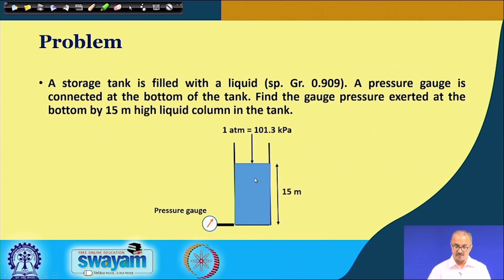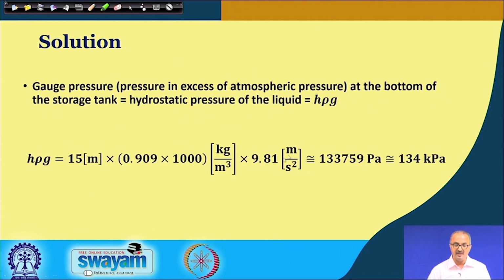So, the excess pressure, meaning the excess over atmospheric pressure, is basically the pressure exerted by this liquid column, and this can be found easily if we know h rho g: the height of the liquid, the density of the liquid and the gravitational acceleration. Here we have the height of the liquid, and the density is the specific gravity times the density of water, and this is the value of g. If we multiply these three we get this value in Pascal, which can be converted to 134 kilopascal.